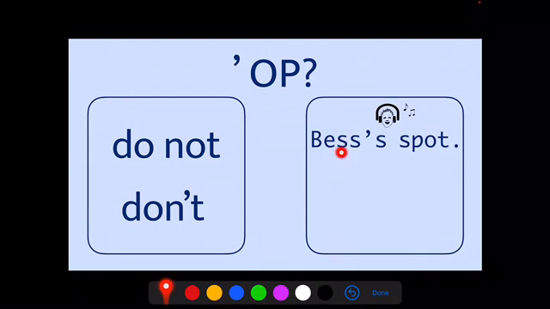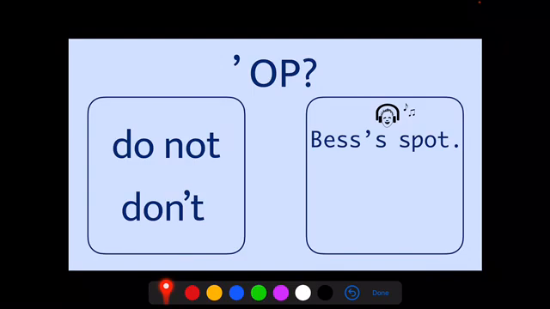And Bess's name ends in a double S, but we add an apostrophe S. Some people might like to just add an apostrophe. That's another way of doing it. But I like apostrophe S because we would say Bess's spot.